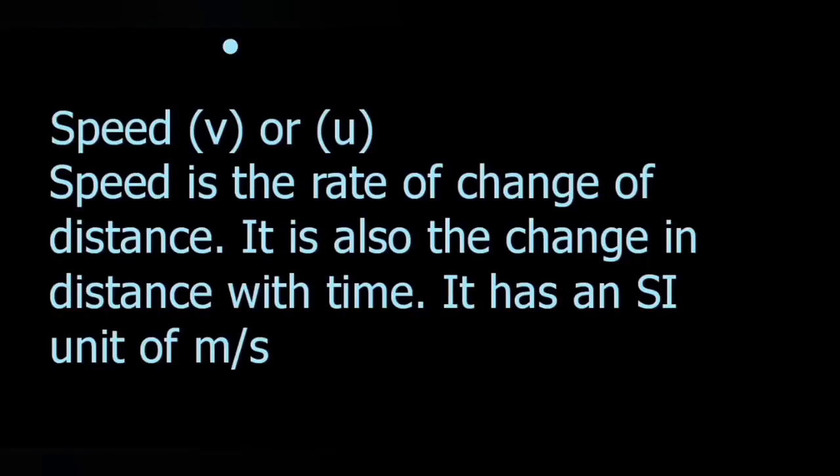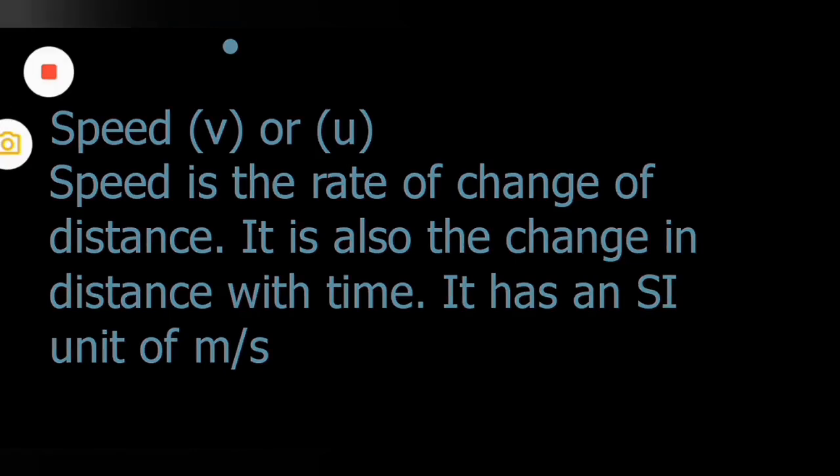Another term associated with the concept of motion is speed. It is represented with the letter V or letter U, with letter V standing for final speed and letter U standing for initial speed. Speed is defined as the rate of change of distance. It is also the change in distance with time. It has an SI unit of meter per second.